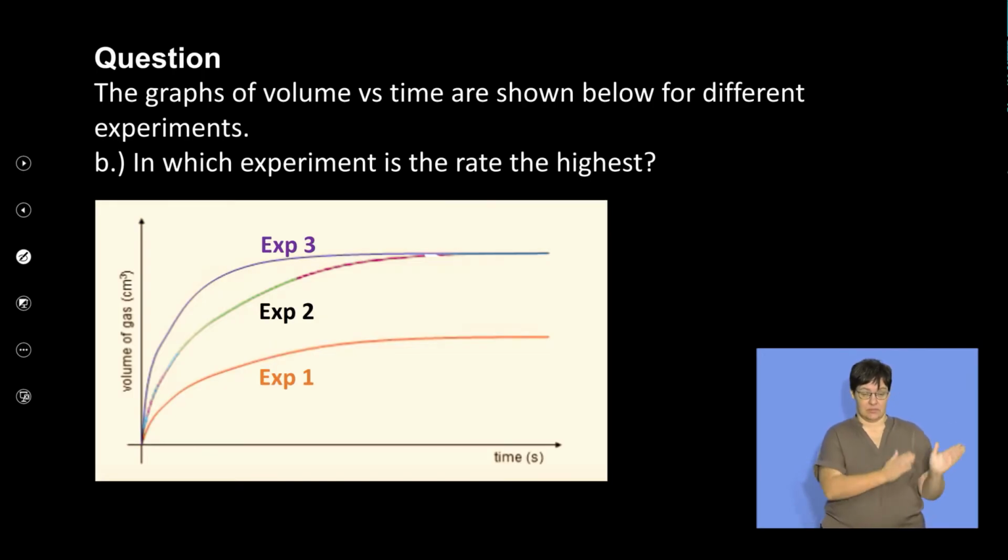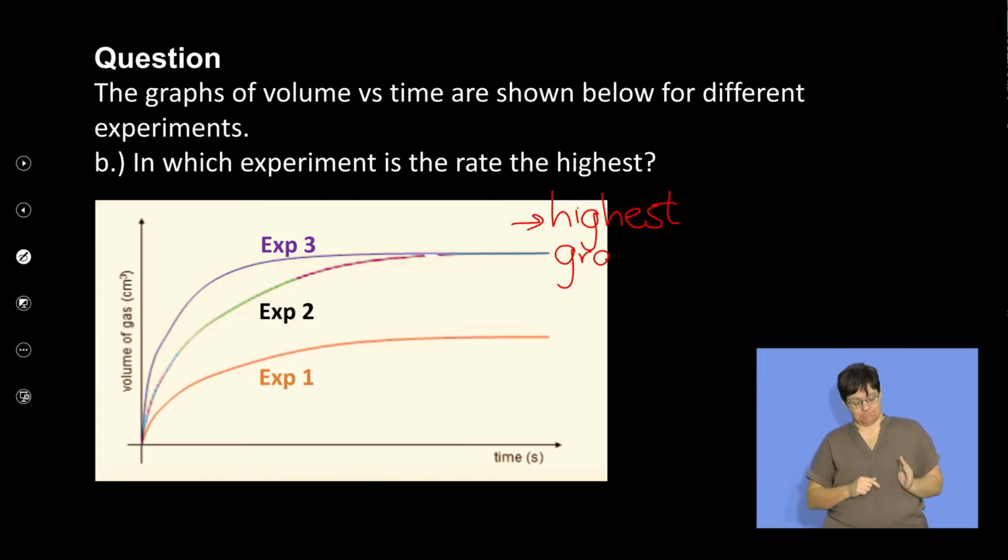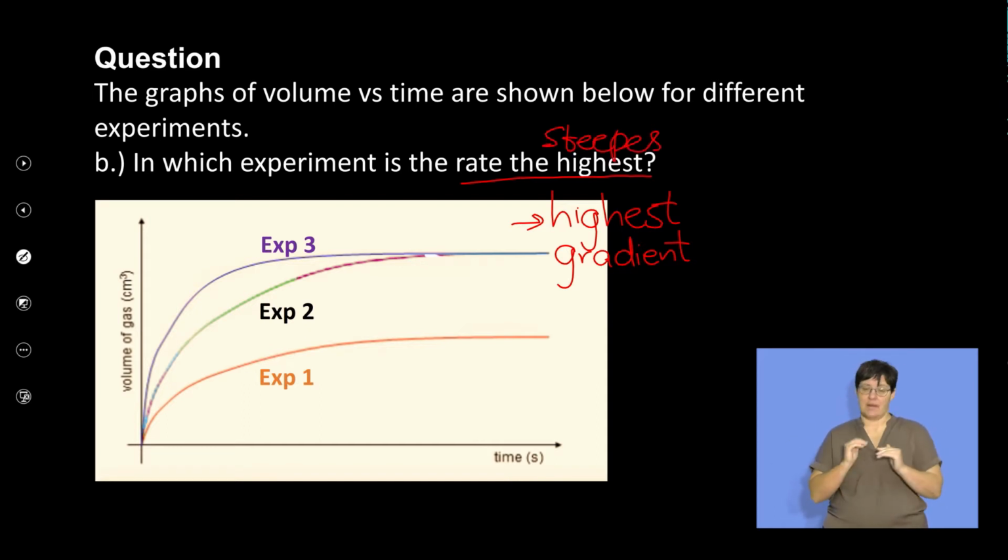The next question, in which experiment is the rate the highest? Now again, when we look at highest rate or lowest rate, if we have a graph, we look at the gradient of the graph. When you talk about a high rate, your gradient will normally be at its steepest.